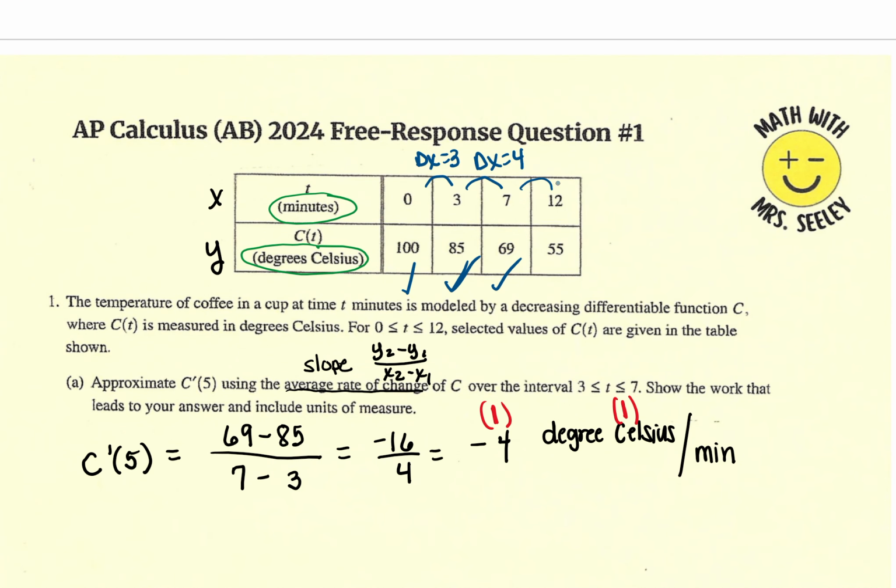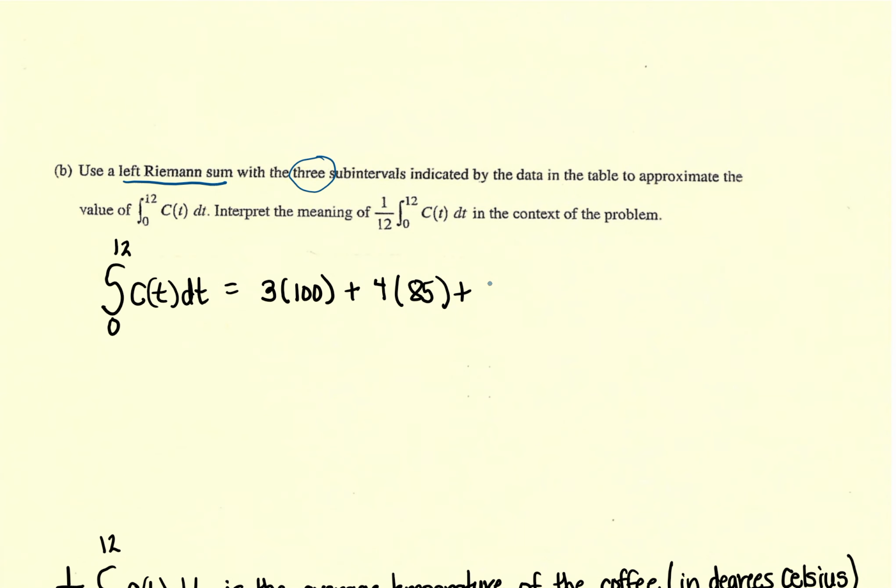So that's going to be from 7 to 12, which is a delta x of 5 to go with that last left endpoint. So that's going to be 5 times 69. If you set up your Riemann sum correctly, give yourself another point. Then do your calculations, and we do have the calculator again for fast timing, and you get 985. And if you did that, give yourself the second point on that part of the question.